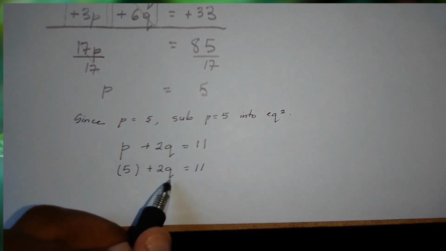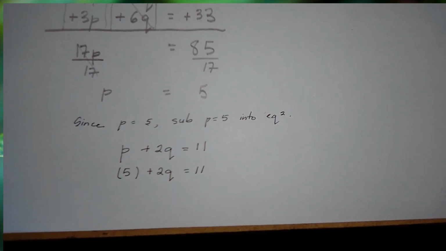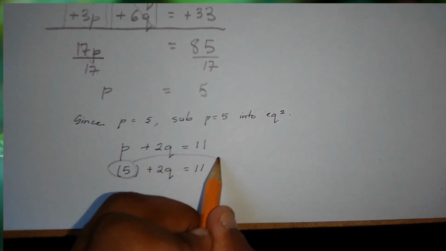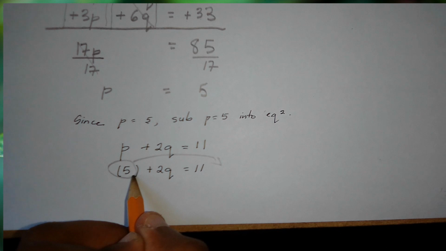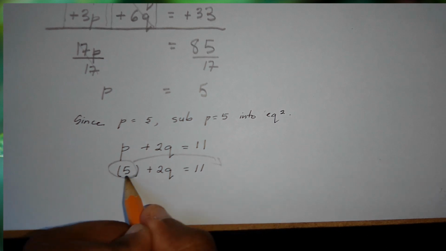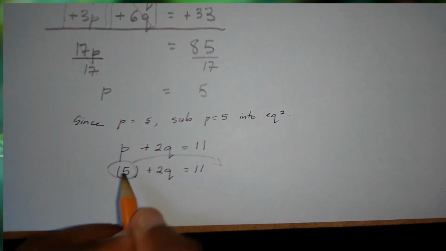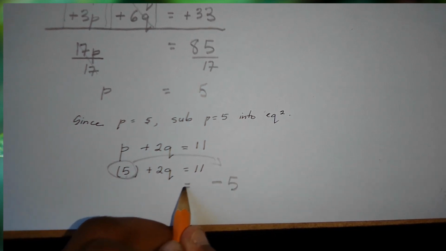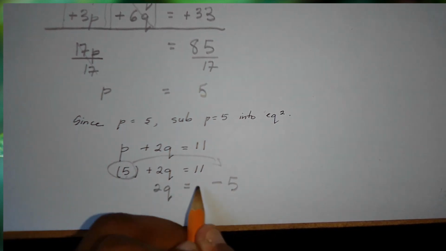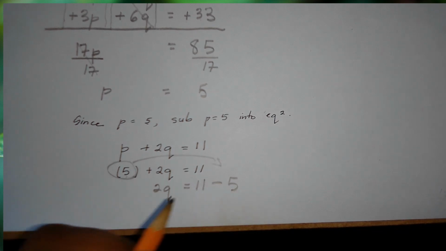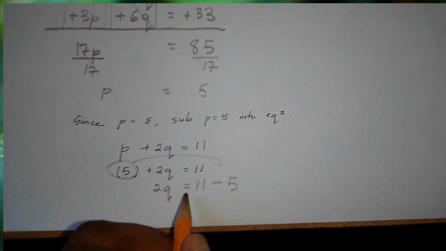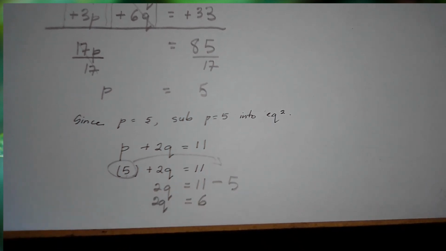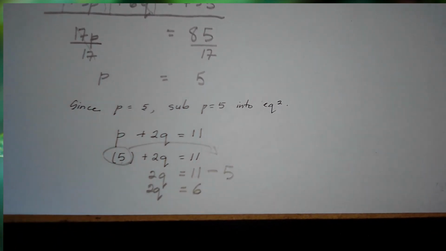And I need to get Q on its own. So I'm going to carry across this 5. And if I change its position, I'm going to use its opposite. It was a positive 5 on the left, so it now becomes a minus 5 on the right. So I'm going to have 2Q is equal to 11 minus 5. 11 minus 5 works out to be 6. So 2Q is equal to 6. Q is not by itself.